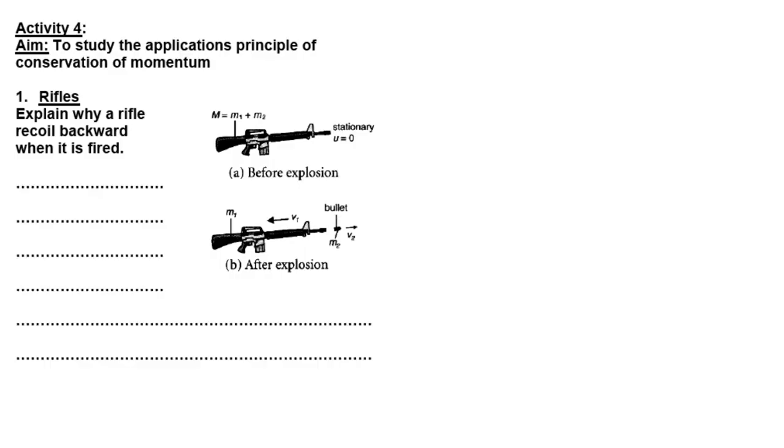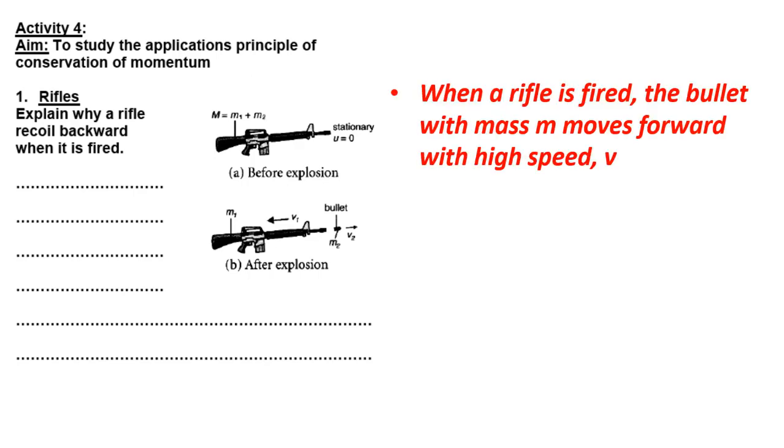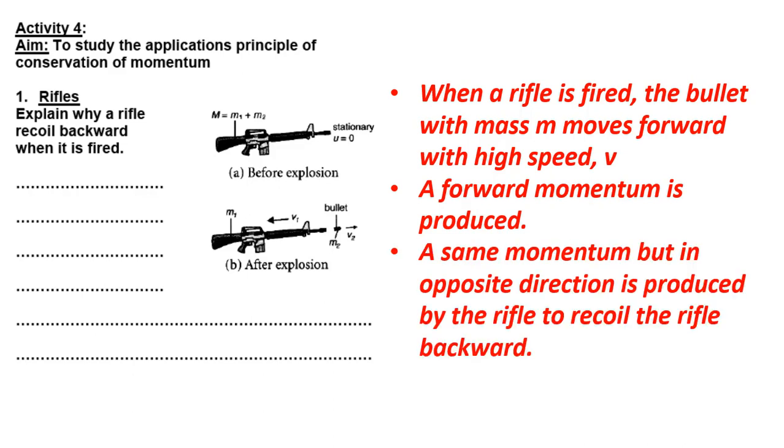So explain why a rifle recoils backward when it is fired. We use the principle of conservation of momentum. When a rifle is fired, the bullet with mass m moves forward with high speed v. A forward momentum is produced. Now, according to the principle of conservation of momentum, the same momentum but in the opposite direction is produced by the rifle to recoil the rifle backward.